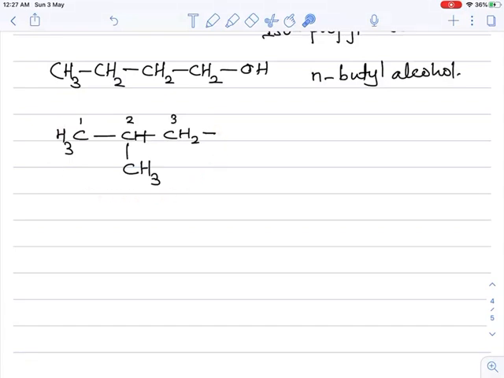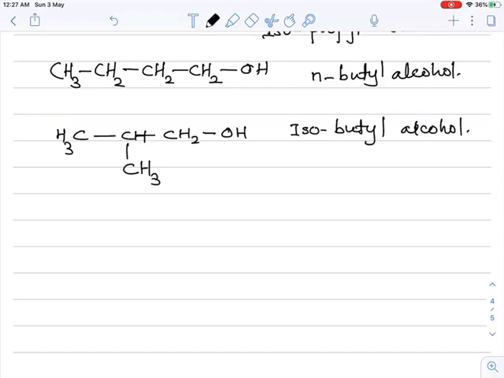A 4 carbon group is there, that's why this is the isobutyl group, and this is the isopropyl group. If an OH group is attached to this isobutyl group, then what is the common name for this compound? Isobutyl alcohol.